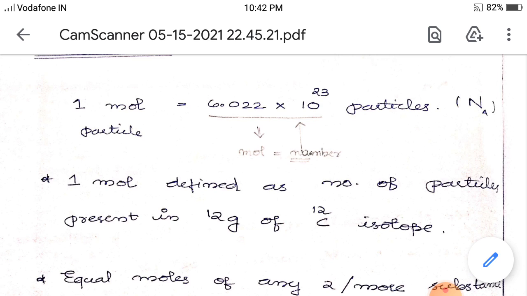Next, one of the important points regarding the mole concept.